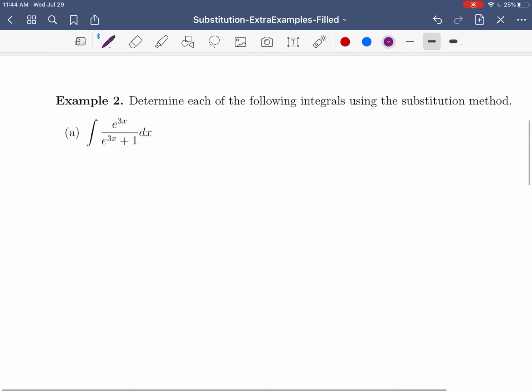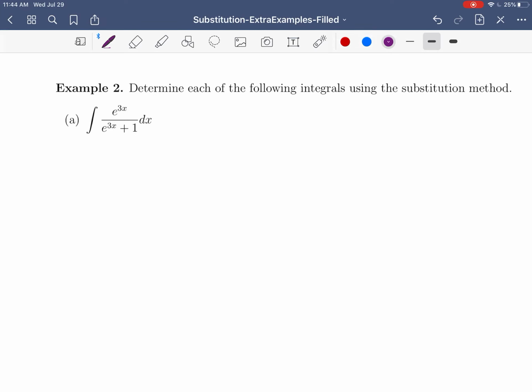These ones are a little bit harder. For this one, I have the integral of e to the 3x divided by e to the 3x plus 1. Here it's a little bit harder to pick my substitution. I don't know what has this derivative immediately, so I want to use substitution.